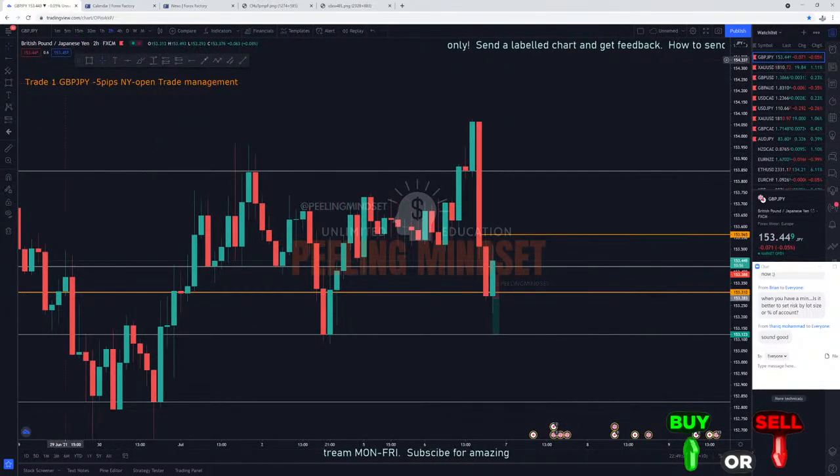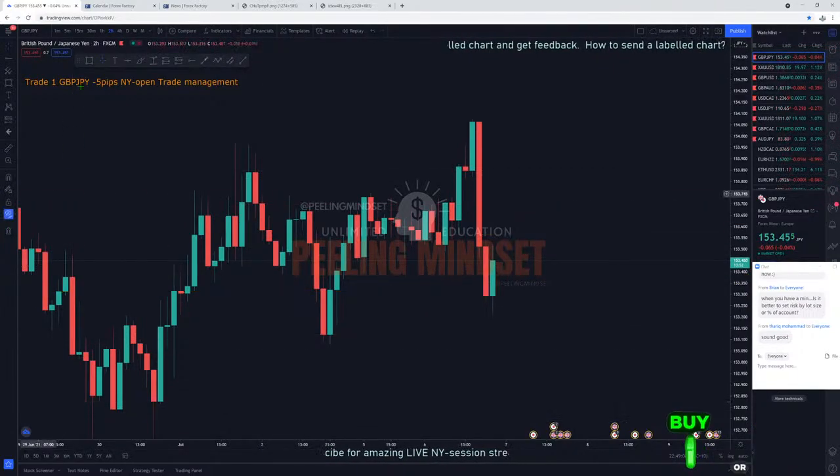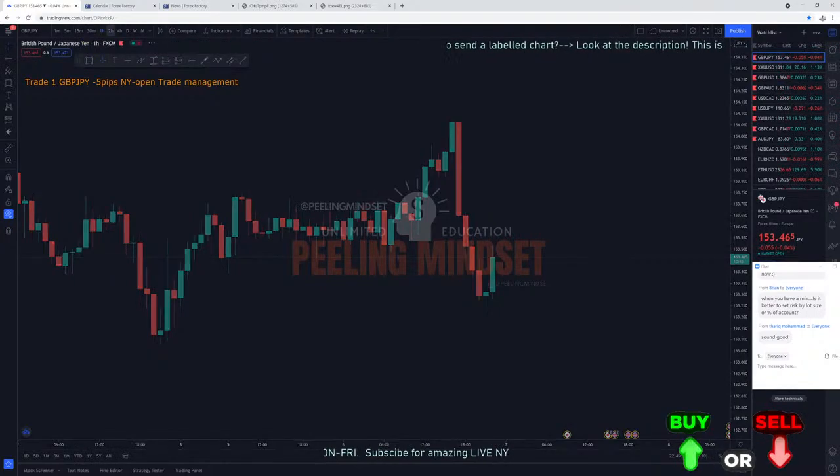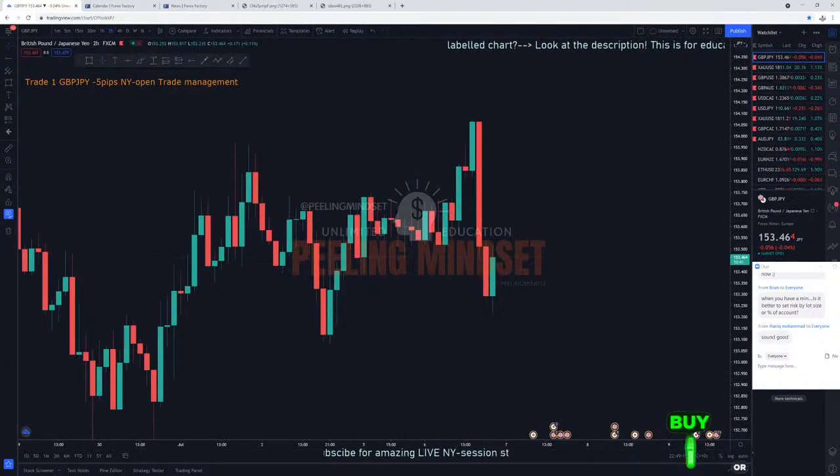So here's the thing, right? From a naked chart point of view, looking at the hourly time frame, look at the way it's retracing right now. Looking at the 2-hour time frame, look at the way the candles have been printing.